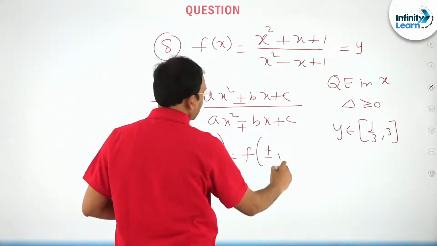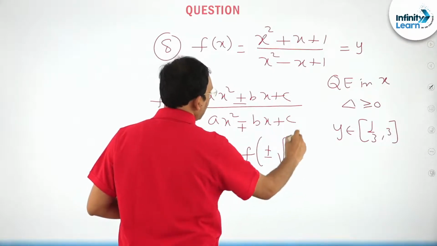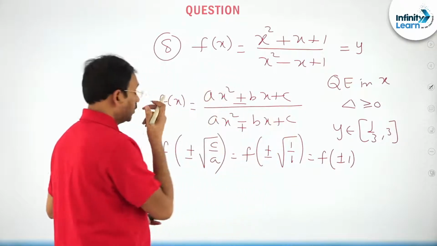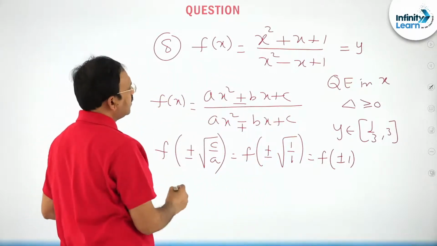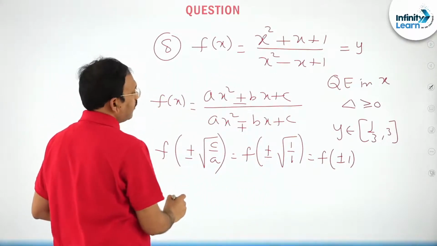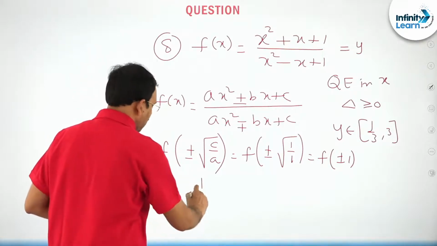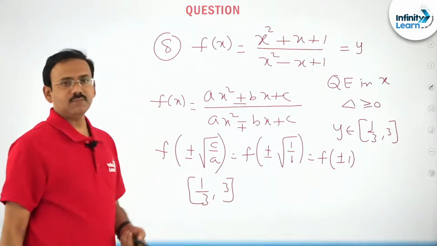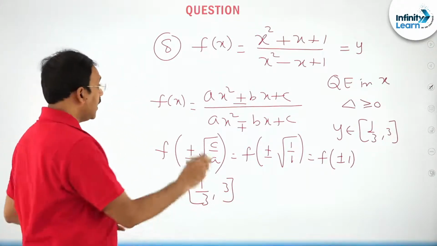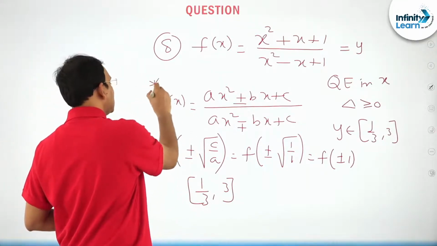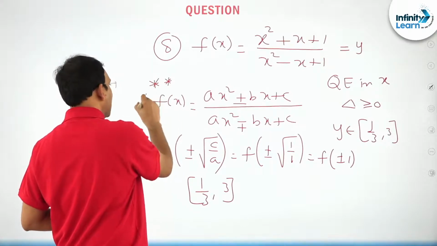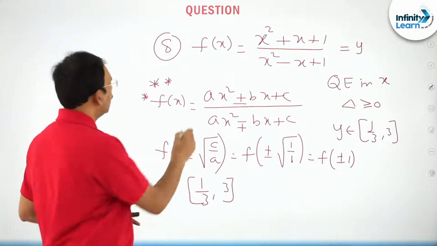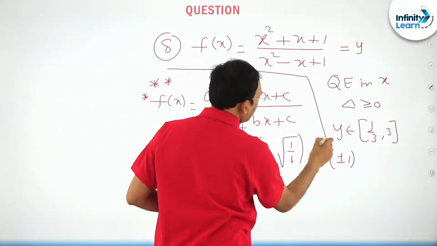In this particular case c is 1, a is 1, so you take f of plus or minus 1. f of 1 is going to be 3, f of minus 1 is going to be 1 by 3. So, the range of this expression is 1 by 3 to 3. If the problem is given in this pattern, then only the shortcut works. Otherwise, you need to go for the procedure.